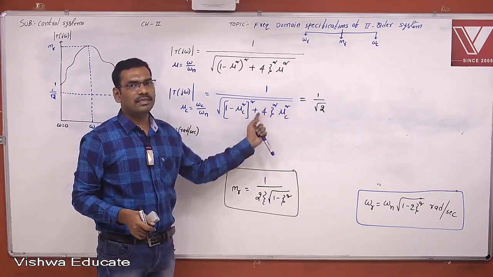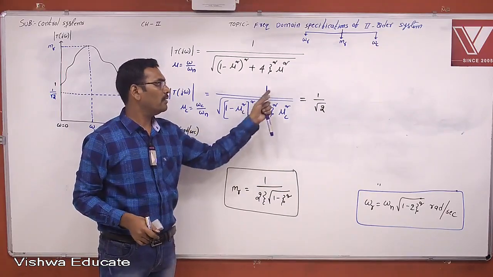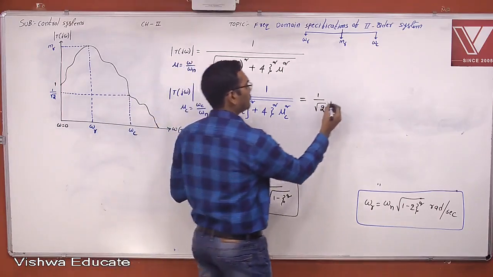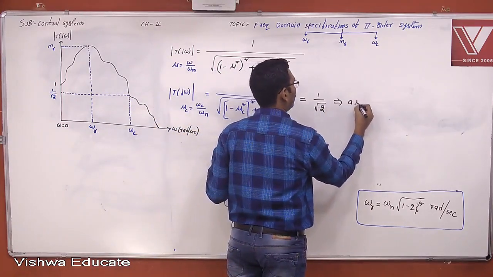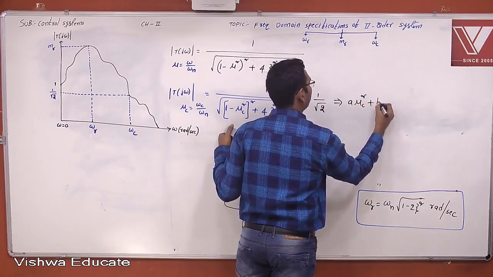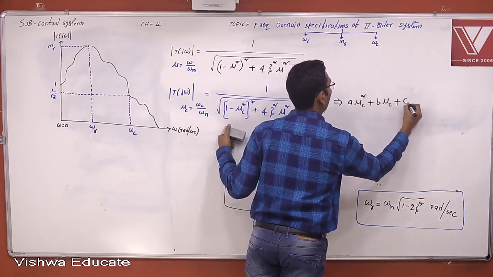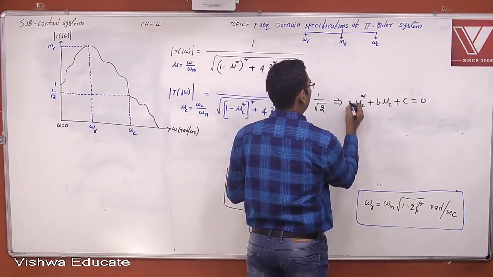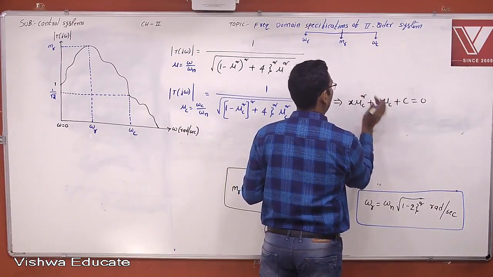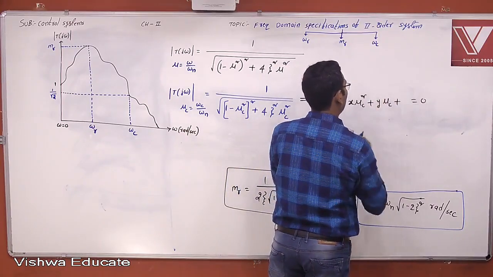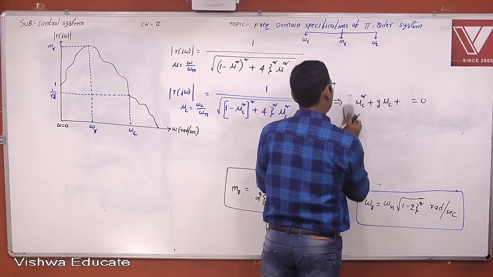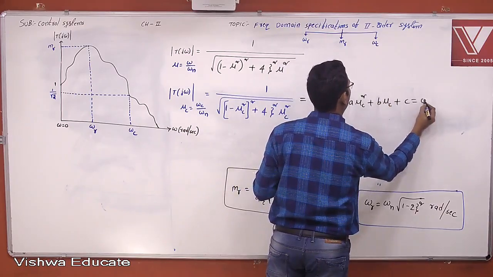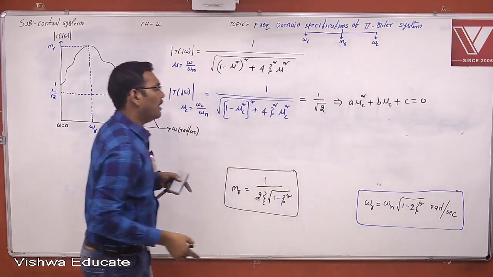Square both sides, root cancels, cross multiply, and if you simplify this equation, you can get A mu c square plus B mu c plus C equal to 0. Like that you can get one equation and find the roots.